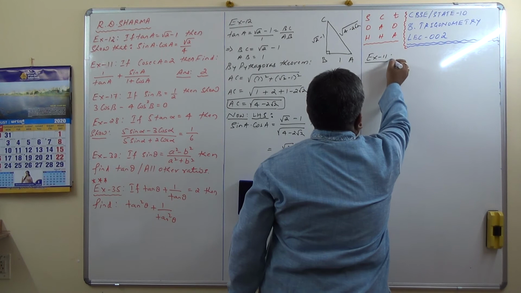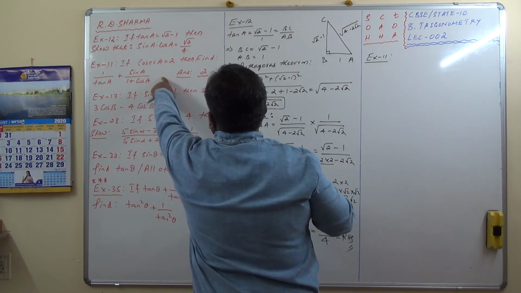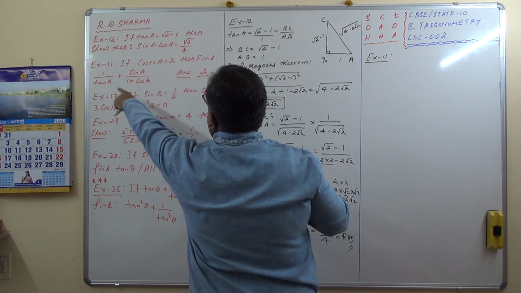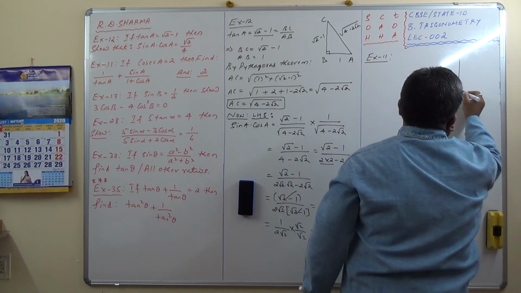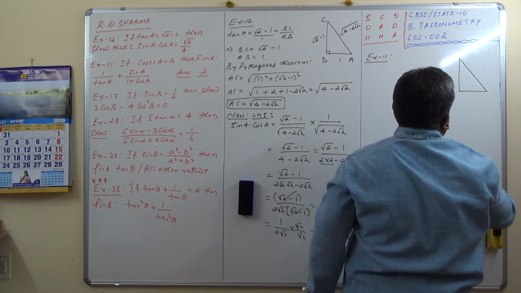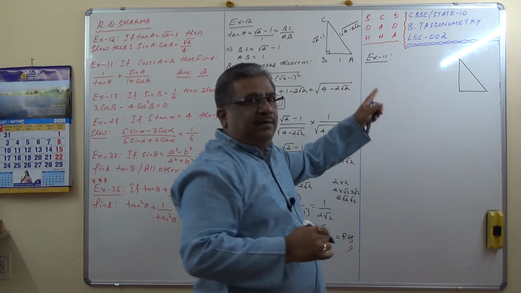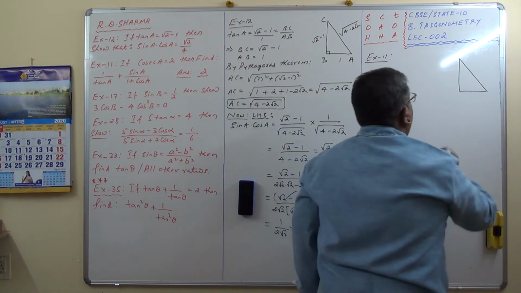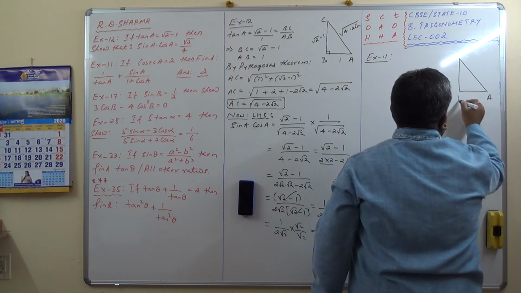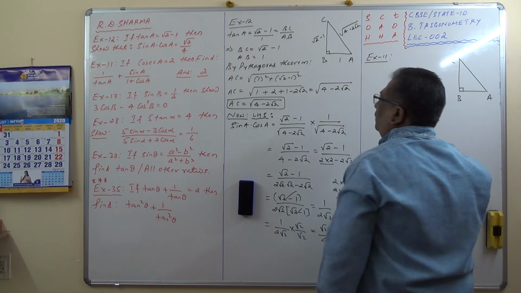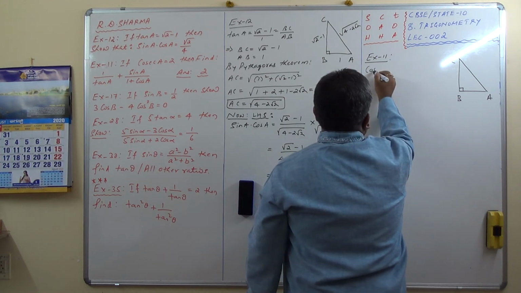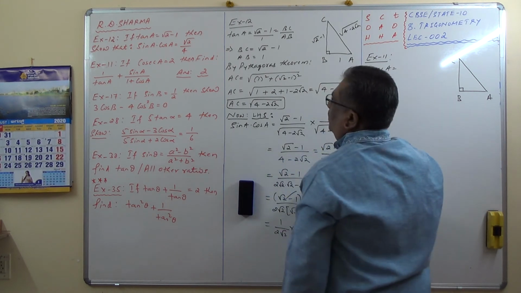Example 11. Cosec A equals 2, then find this. Diagram once again. Is it visible here? Okay. So A, B, C. A is this side, acute angle.